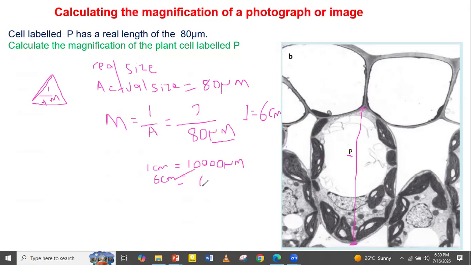It's going to be 6 times 10,000, which is the same as 60,000 micrometers. So we are going to have our magnification equivalent to 60,000 divided by 80.